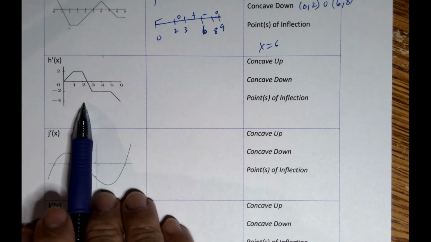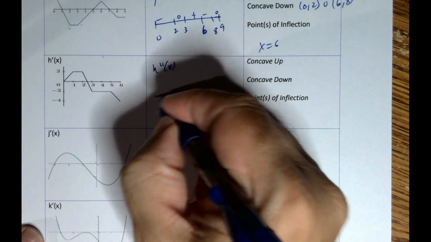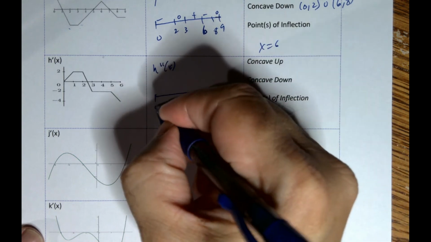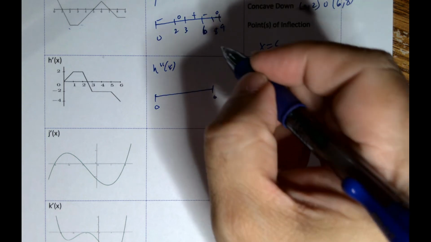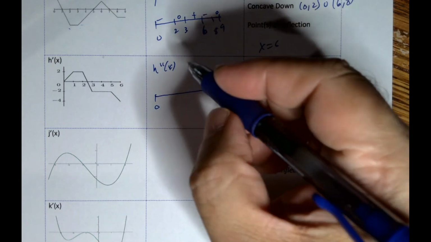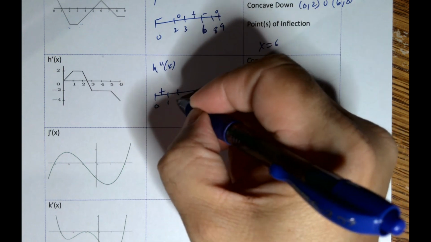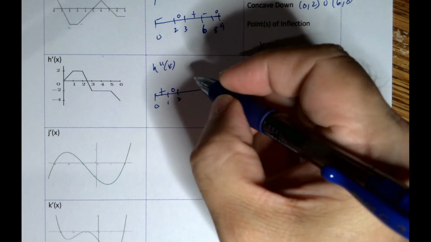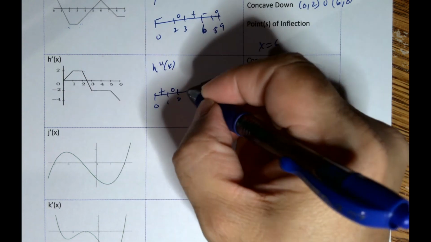Okay, so here, this one, make a sign chart of the second derivative, and we get from 0 to 6. What do we got here? So it's increasing from 0 to 1, it's positive. It's flat from 1 to 2, and it's decreasing from 2 to 3.